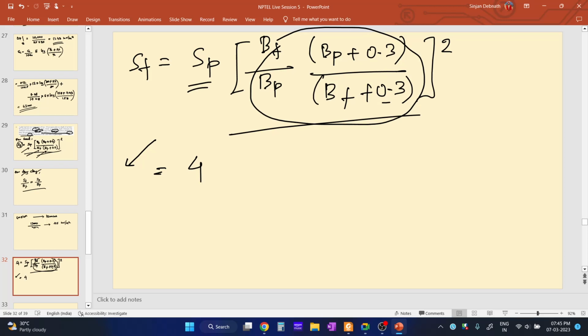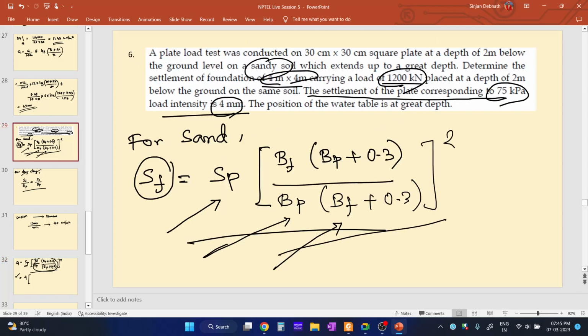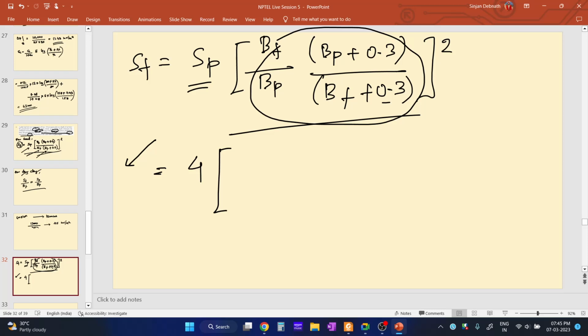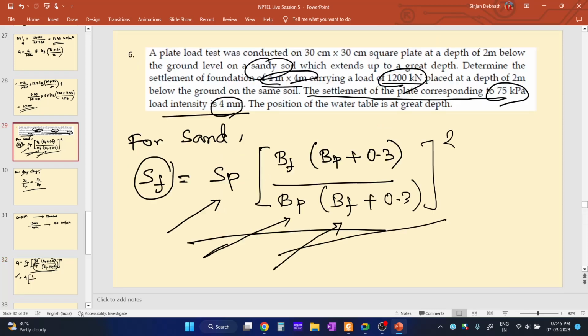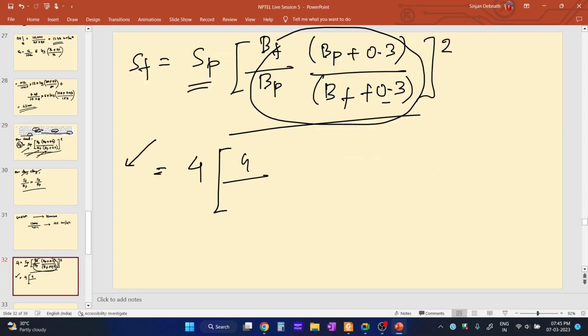So SP is 4 millimeter, that is the settlement of the plate. What is the value of BF, the breadth of the footing? It is 4 meter.